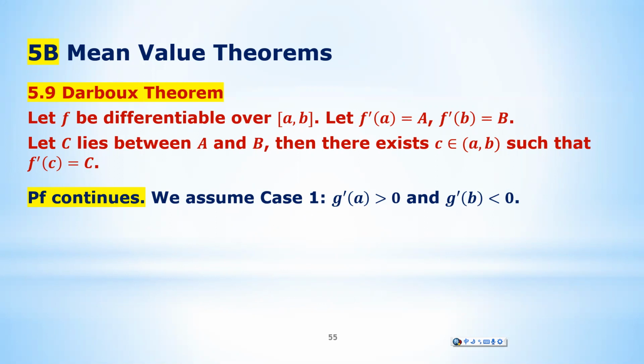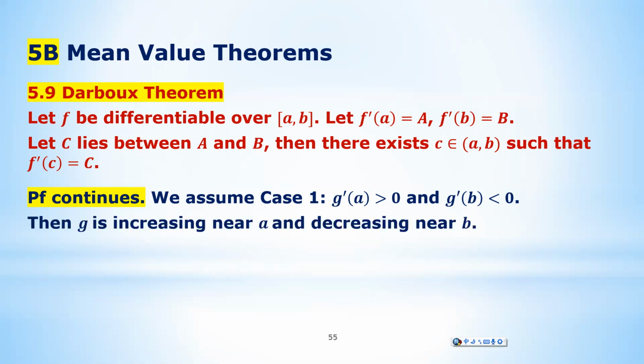Now, what does it mean? How does this help us? This simply says that at the point a, g is increasing near a, because the derivative is greater than 0, so the function is at least locally increasing. At endpoint b, I know that g prime b is less than 0, so this means that the function is decreasing at b.